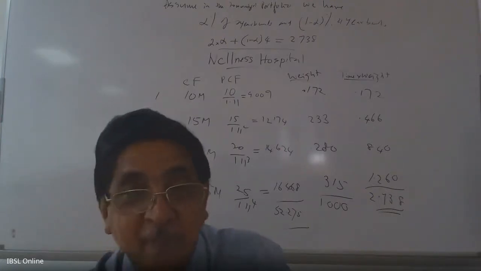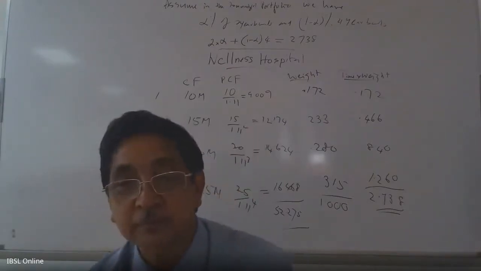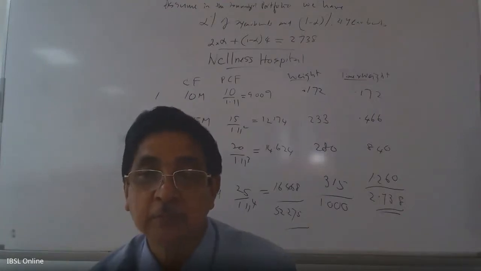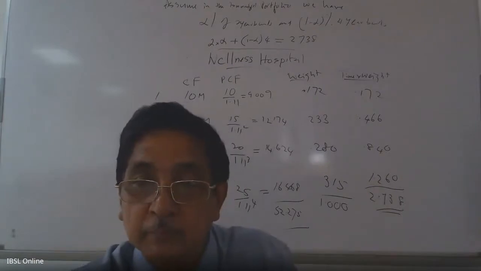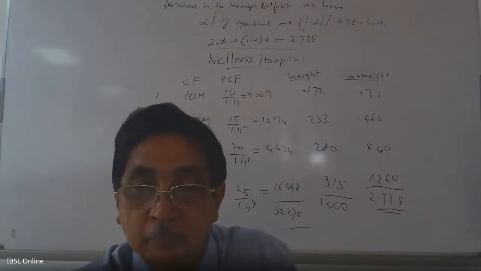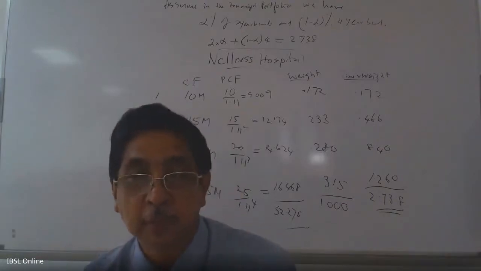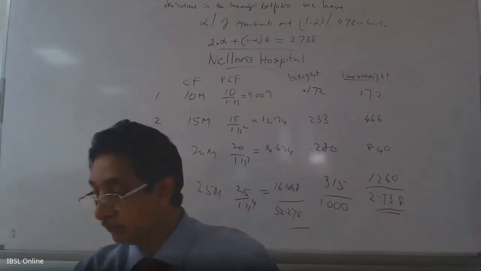So just get the value of alpha. Yeah, 2-year 63 and 4-year 37. Yes, we will see.